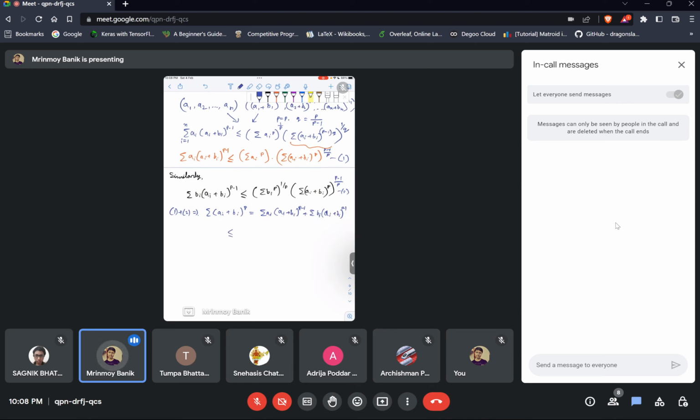This is less than or equal to, we can take common the sum of (ai plus bi) to the power p, whole power p minus 1 by p, which is 1 minus 1 by p, times the sum over ai to the power p, whole power 1 by p, plus the sum over bi to the power p, whole power 1 by p. I forgot to add the 1 by p here.